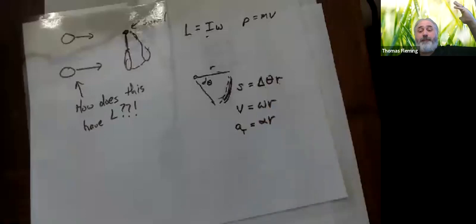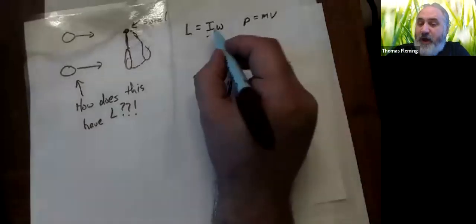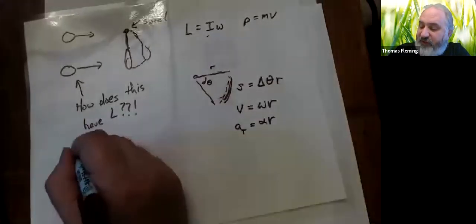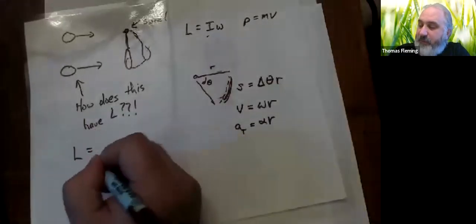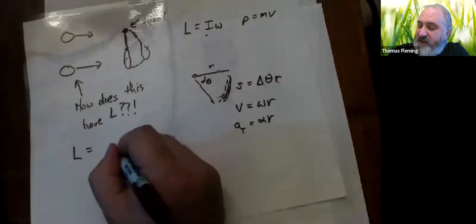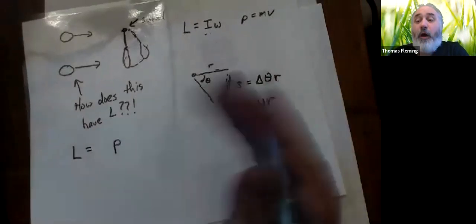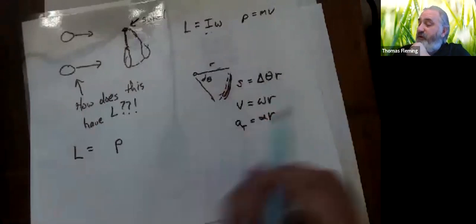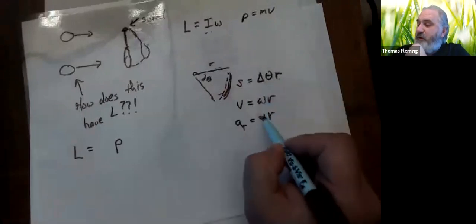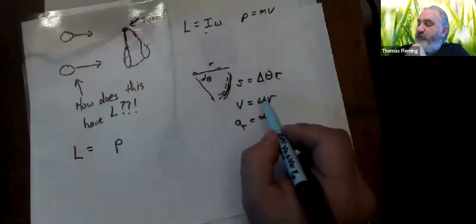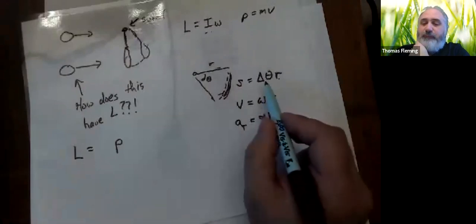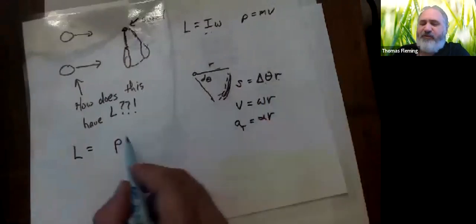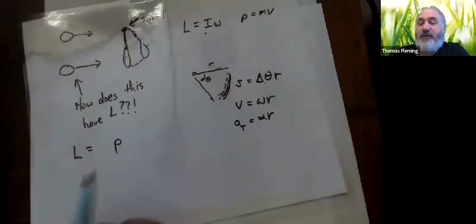Let's do the same trick. Let's assume that I can also define my angular momentum a different way. I can say that L is going to be my linear momentum, P, times R. Now, here's where I've got to be careful, because each of these things here I was doing as a scalar, but P is a vector, and I want to keep track of the direction.